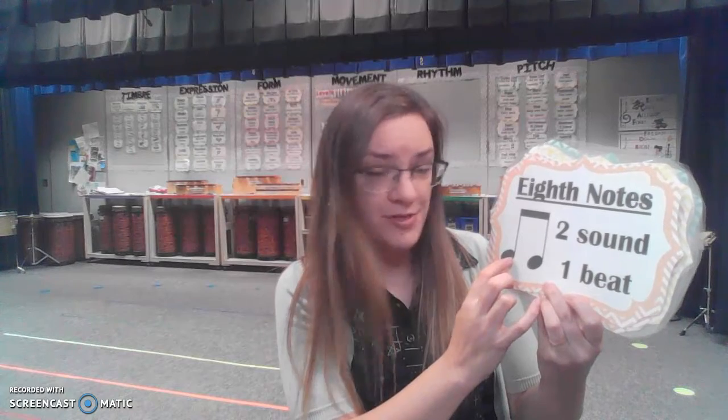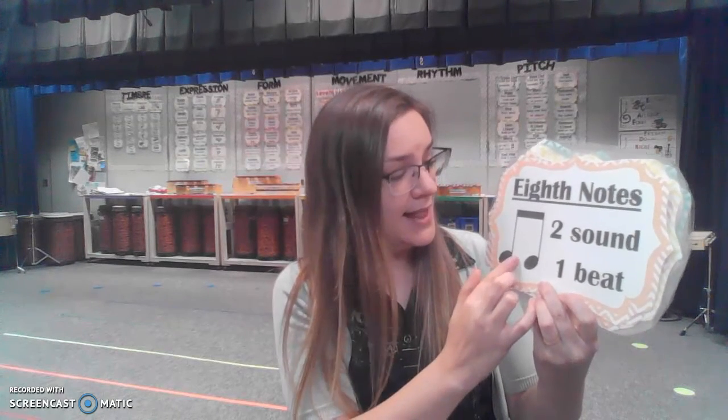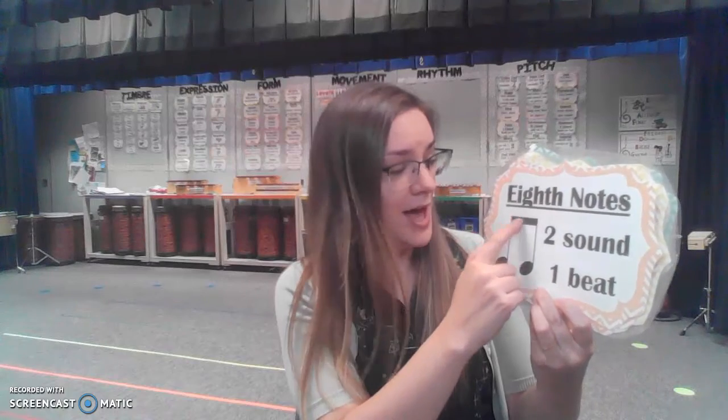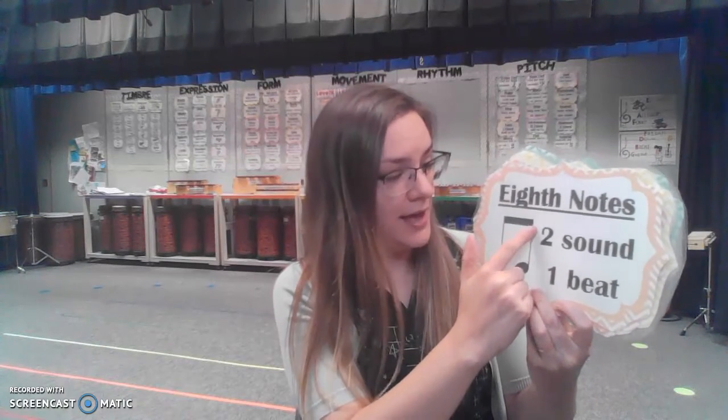To draw eighth notes, you start with an oval, fill it in, line up, line over, line down, oval, fill it in.